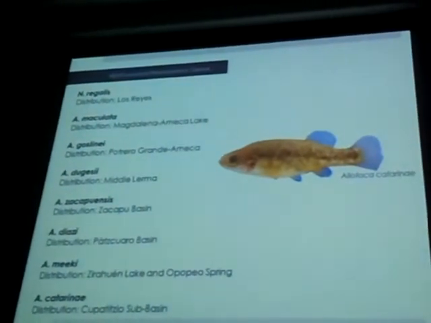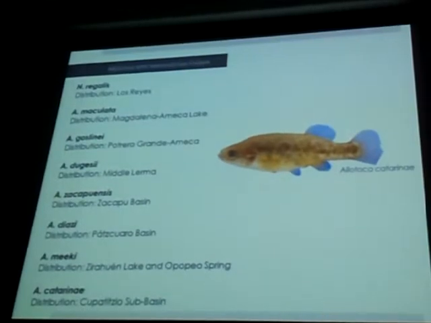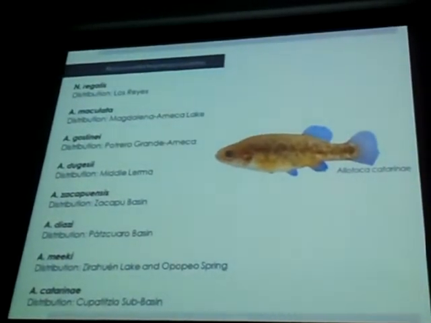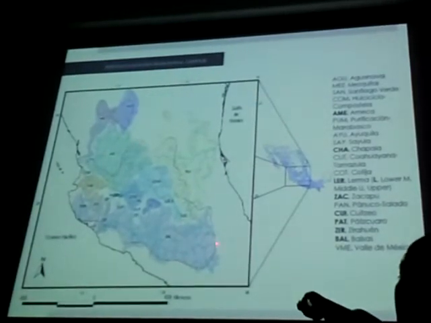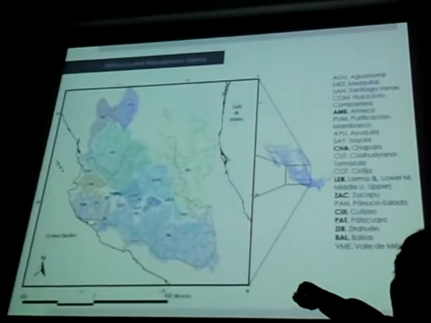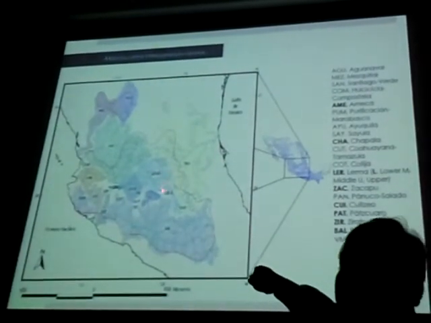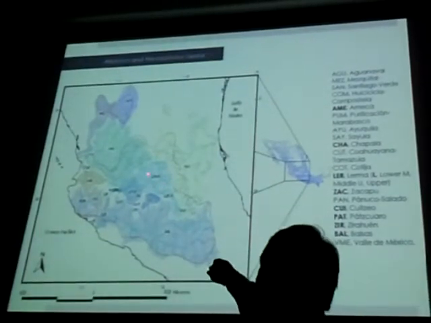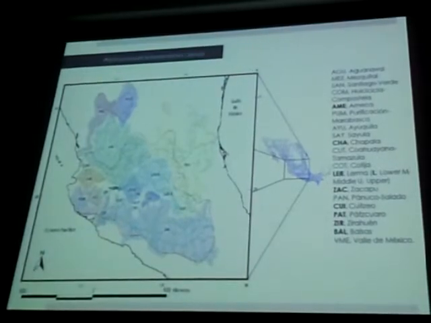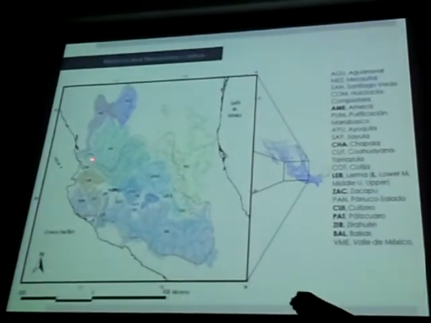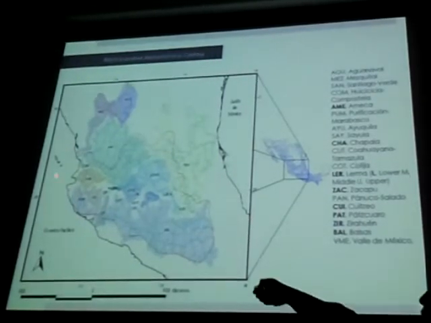The process starts with the origin of the center of Mexico, the split of the center of Mexico here and here, that separated the Lerma system, and at the same time the region of the Trans-Mexican Volcanic Belt in this zone.